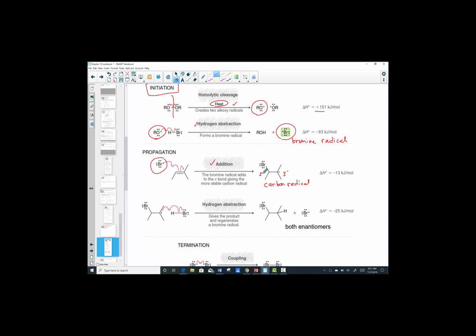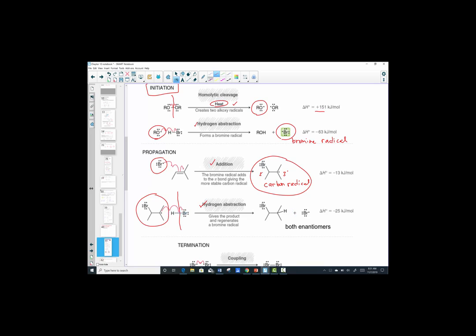In a second step of propagation, the very radical that we made here becomes the reactant in the next step, in which we abstract a hydrogen from an HBr. This bond breaks, a homolytic cleavage occurs, and each electron goes in a separate direction, and we create a new bond.